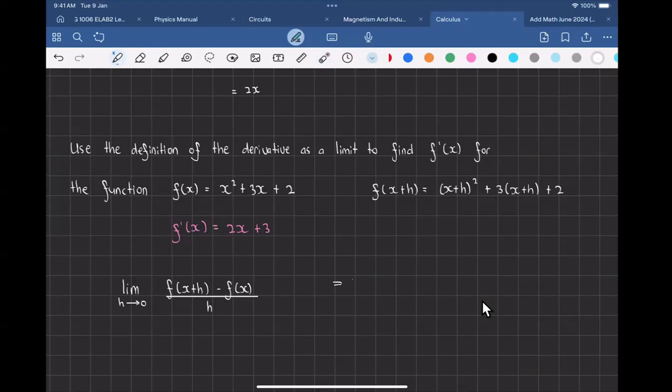It would have looked something like x plus h squared plus 3 times x plus h plus 2. Then you put in the part with the minus f of x. So you say minus x squared plus 3x plus 2, all over h. But now, you did f of x plus h separately, so you're just putting the last line into the formula. Whatever you just found, you're going to put that in for f of x plus h, and you're going to put the minus f of x all over h.